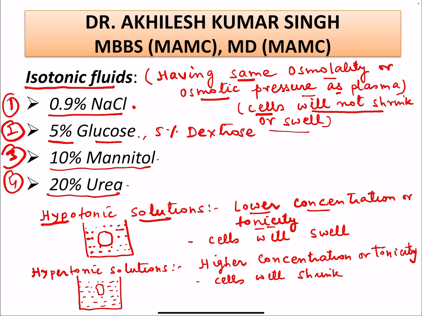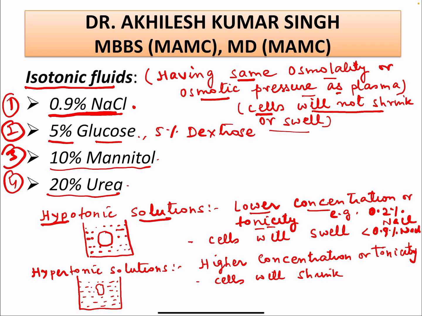For example, 0.9% NaCl is isotonic, so if the concentration is less than 0.9, for example 0.2% NaCl, or 0.3% or 0.4%, it will be hypotonic.